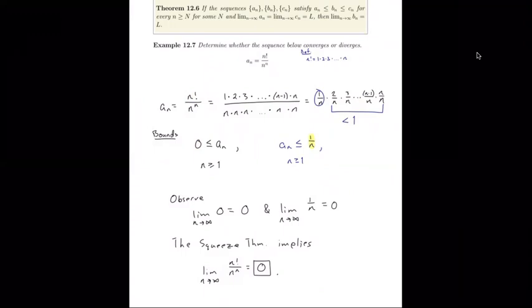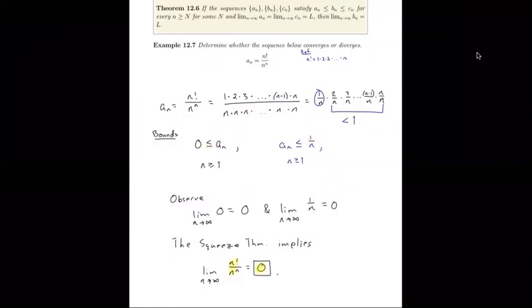That's nice. These things are written down below. The limit as n goes to infinity of 0 is 0. The limit as n goes to infinity of 1 over n is 0. So now they both have the same limit. A sub n is trapped between the two of them, thanks to this and this inequality. So the squeeze theorem implies that the limit is equal to 0.